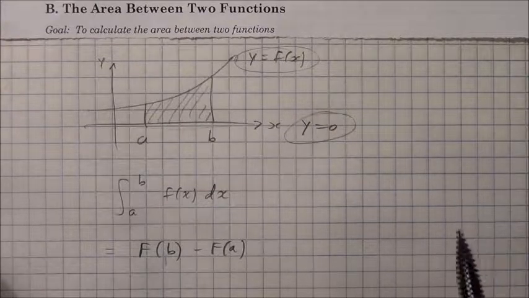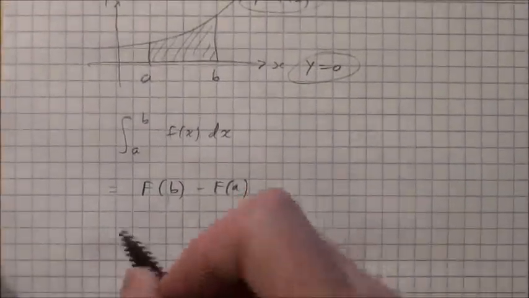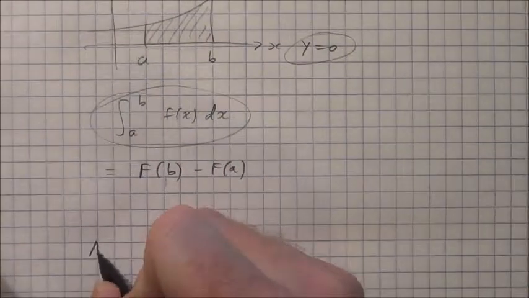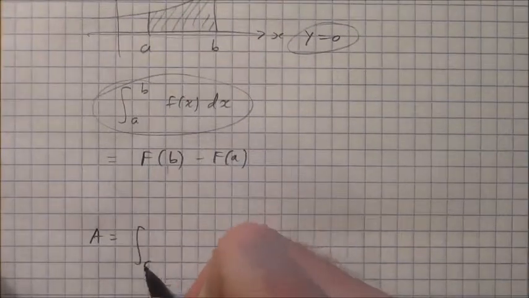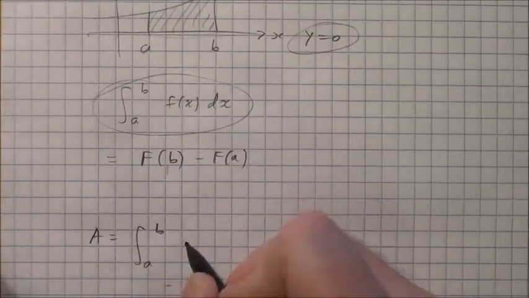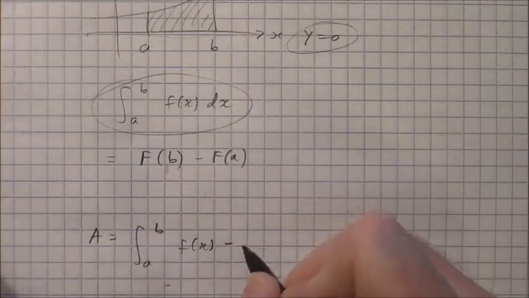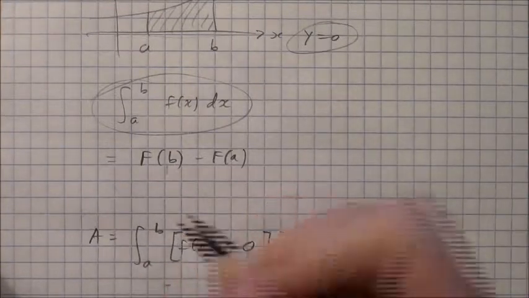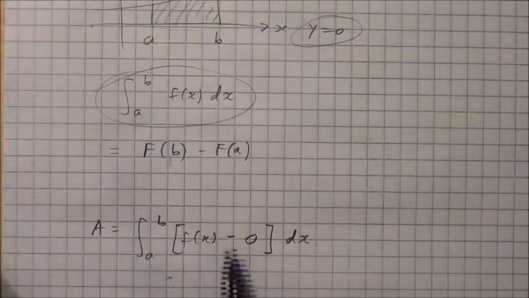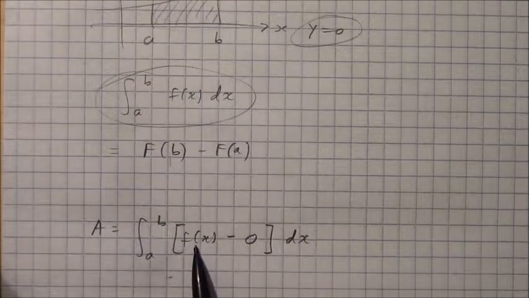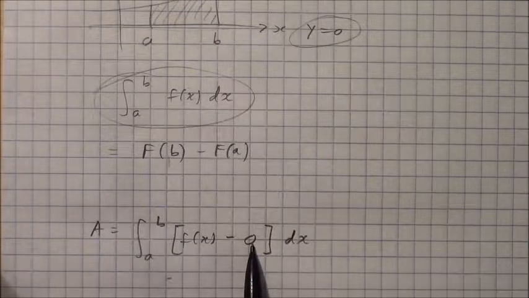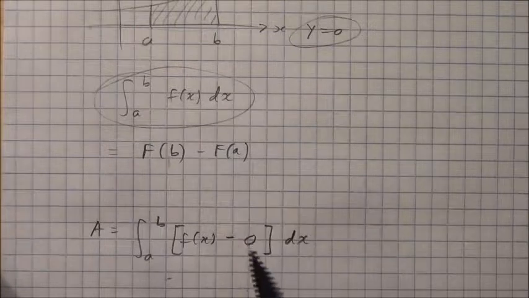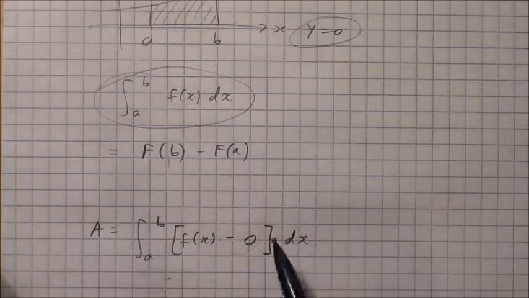But when we're finding the area in this form, we're actually finding the area between two curves, where the curves are f of x minus 0. So we're actually subtracting the two functions. One function is f of x, the other function is y equals 0, which is the x-axis. That's how we've been doing it without mentioning this minus 0, because it's just 0 anyways.